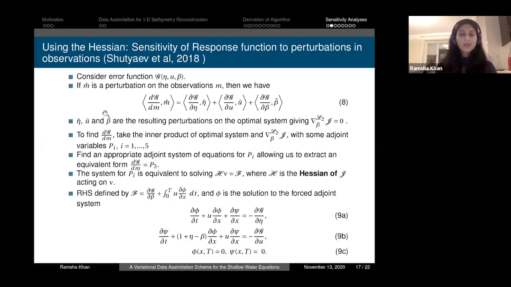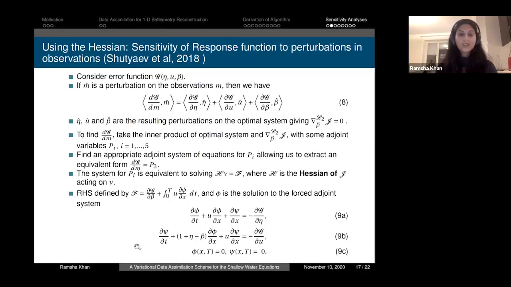Essentially, if we consider a response function, so our error function in the surface wave, which is a function of eta, u, and our bathymetry, then if we take a perturbation in our observations, using the chain rule, we can derive this expression here, where the hatted variables are the resulting perturbations on the optimal system that we found in our data assimilation, which gave us the gradient of J as 0.